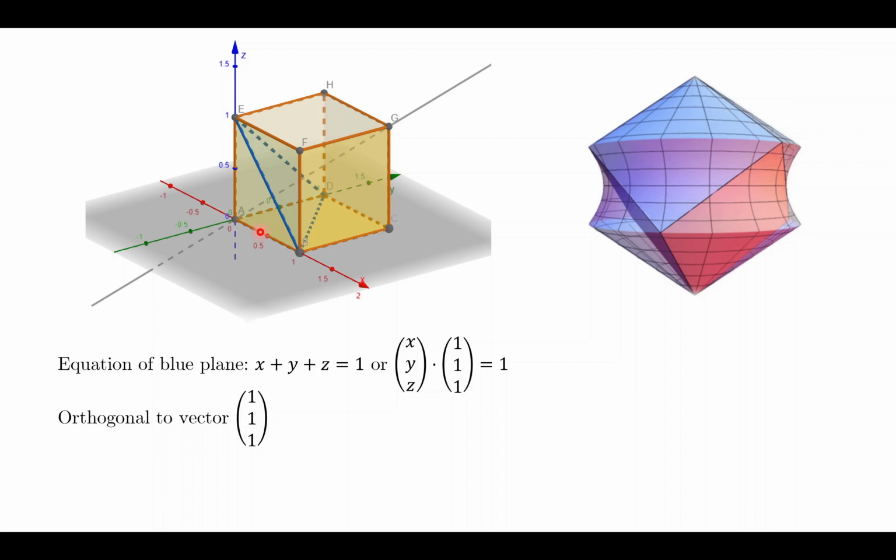So I'm going to claim that the part below the blue plane will end up giving this shape here. Remember, the two parts won't interfere with each other, so we are permitted to analyze them separately.